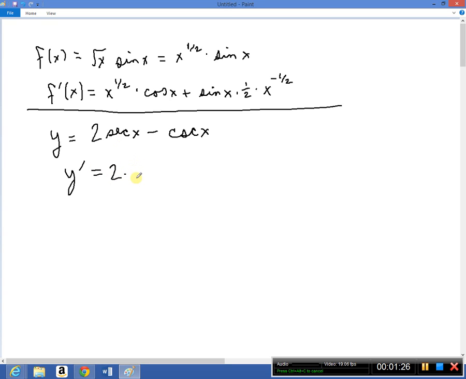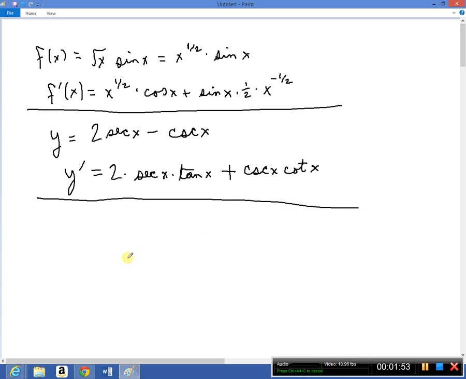So the derivative of secant is secant times tangent. And then the derivative of the cosecant is minus cosecant cotangent. We already got a minus here, so that's going to change that to a plus. So it's 2 secant tangent plus cosecant cotangent. And that's good enough.